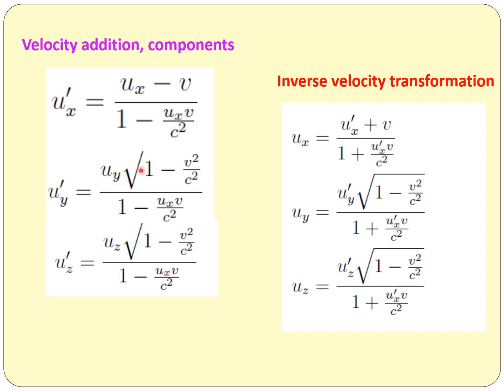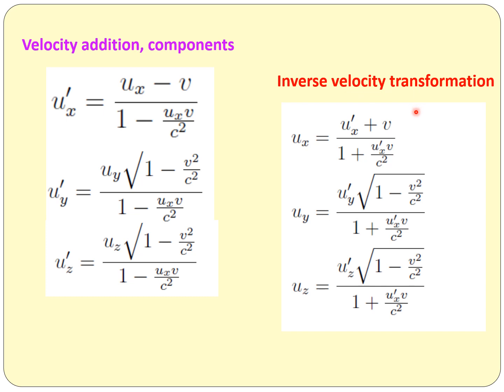Uy prime and uz prime are a little bit different than ux prime. We can see the numerators are uy under root 1 minus b square by c square, and the denominator is the same, 1 minus b by c square into ux. Similarly uz prime has uz under root 1 minus b square by c square over 1 minus b by c square into ux. So the denominator is the same in all components of velocity, and the only difference is in the numerators.